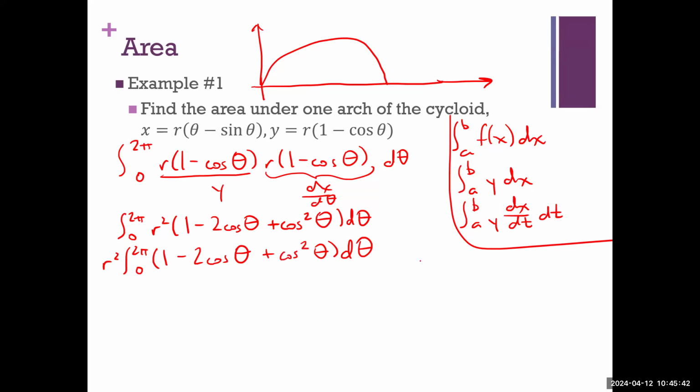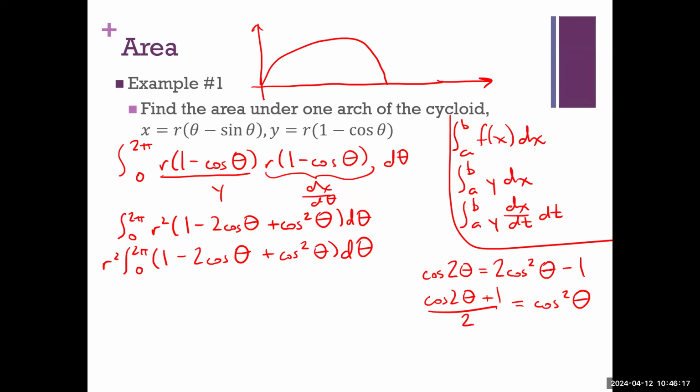Half angle, double angle, depending on which side you're looking at. But one identity we have is cosine 2 theta equals 2 cosine squared theta minus 1. And then basically I want to solve for cosine squared so I can drop this in for it. So cosine 2 theta plus 1 over 2 equals cosine squared theta. That sound familiar?